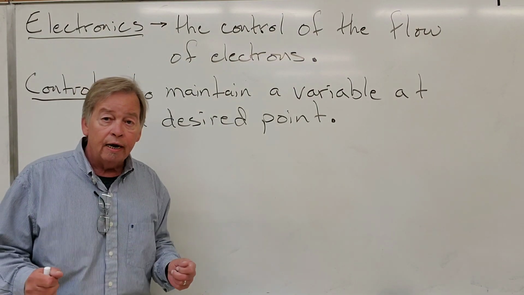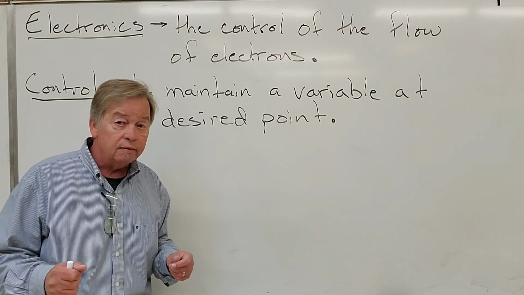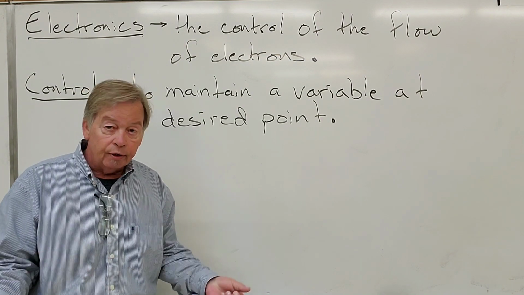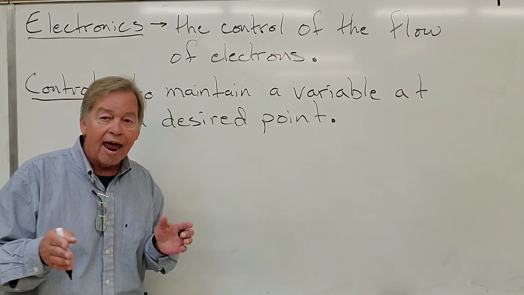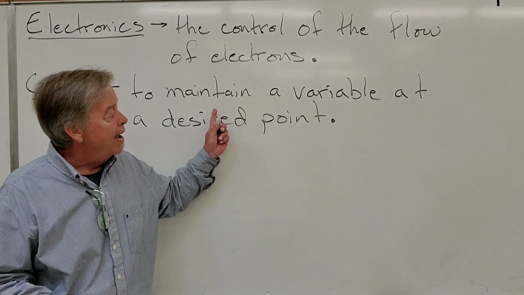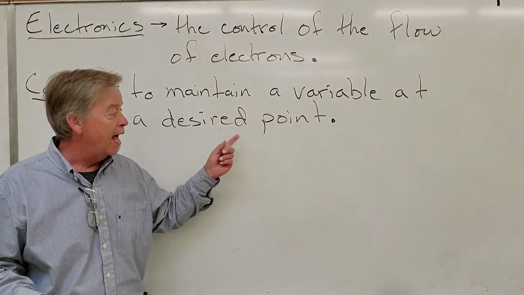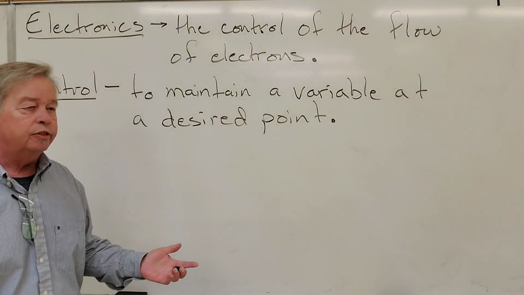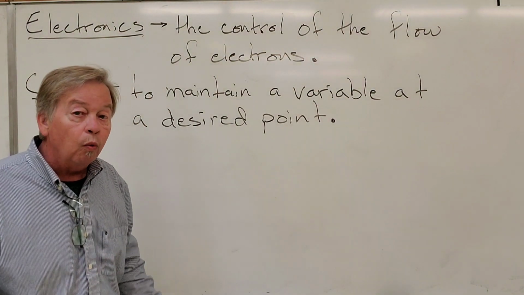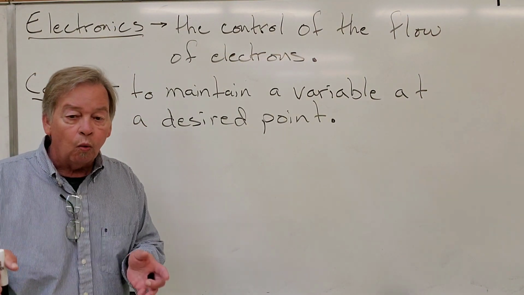When we're driving down the road, that desired point is behind the car in front of us, in front of the car behind us, and between the ditches, right? So we have that desired point of control. So maintaining a variable at a desired point, or simply, folks, it's keeping that where you want it. Keeping something where you want it.